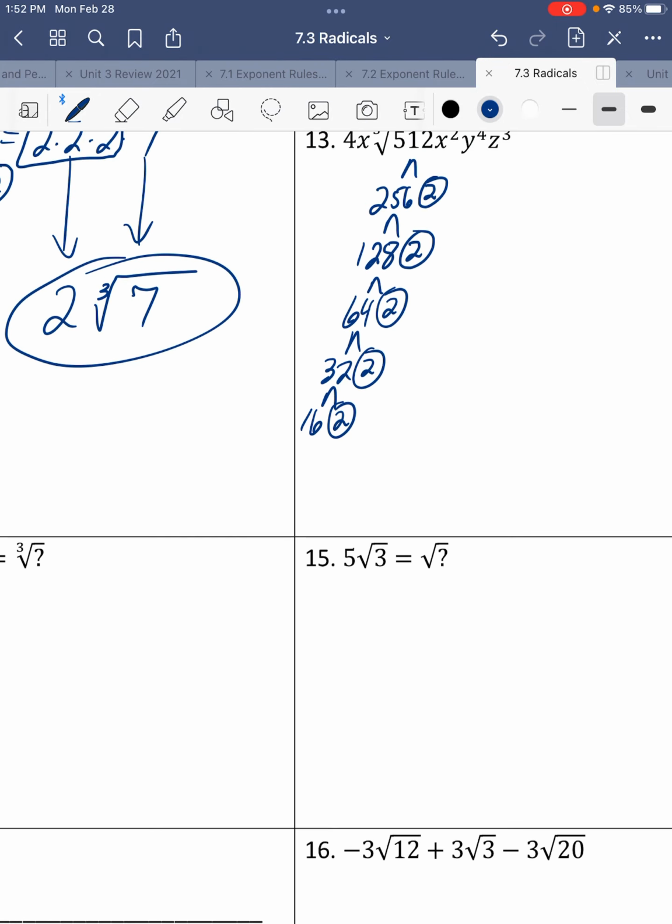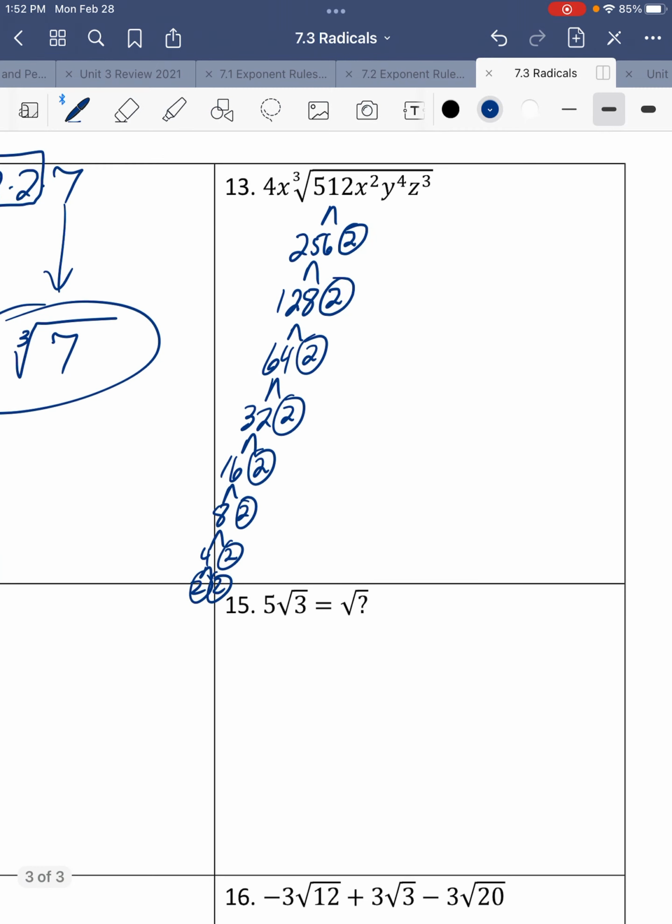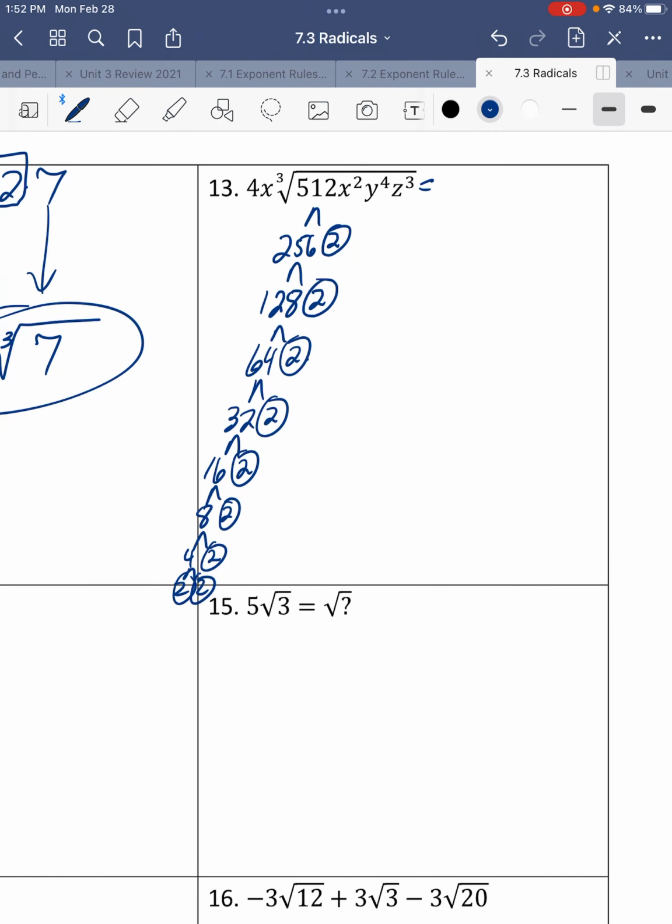Whoa. All divided by 2, so I'm going to keep going. That is a lot of 2's. How many 2's is that? 1, 2, 3, 4, 5, 6, 7, 8, 9.